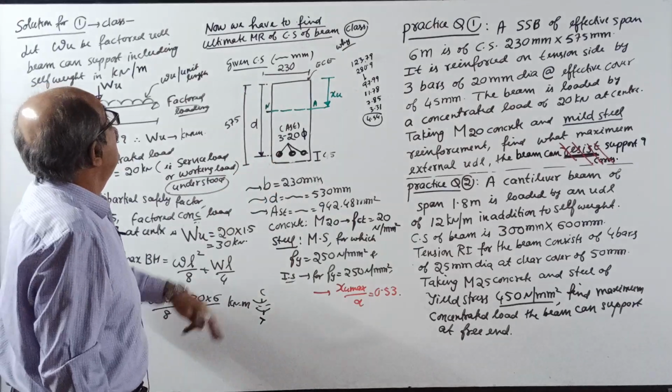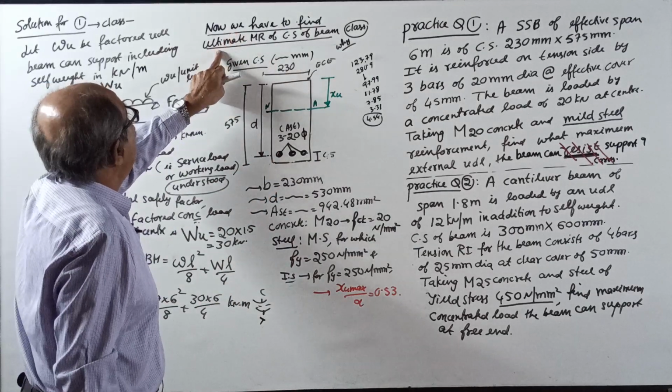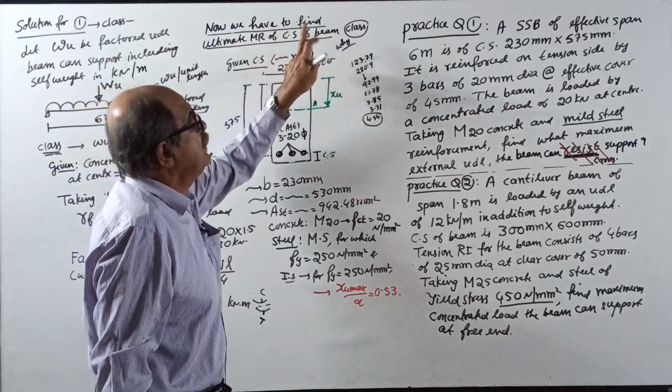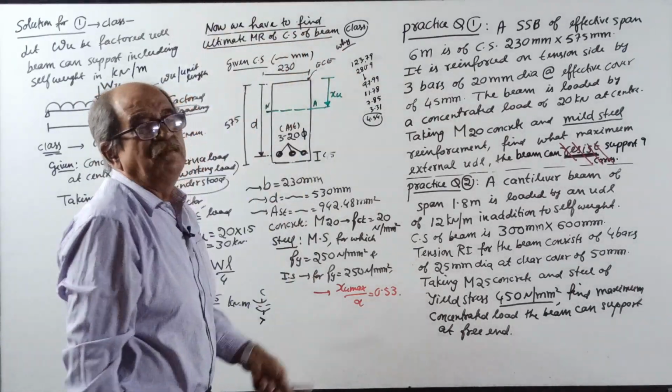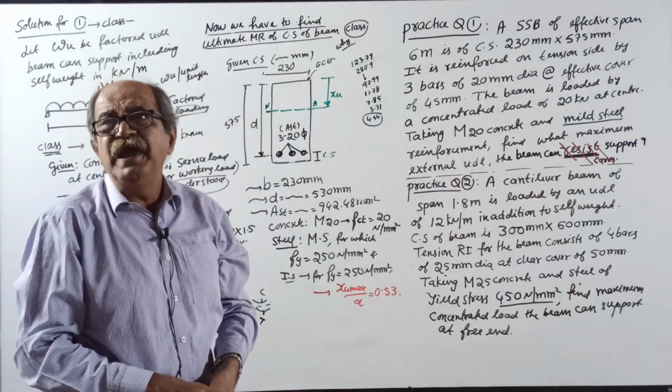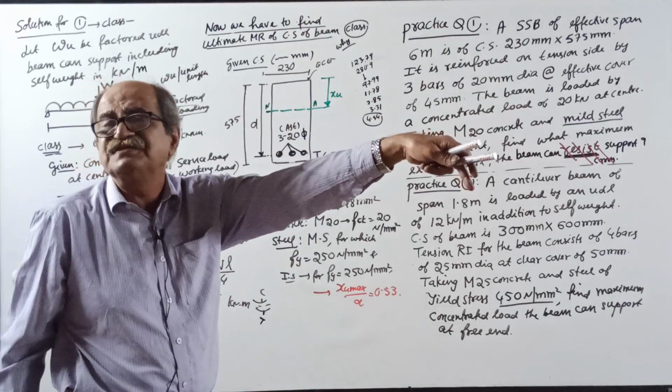Okay, now we have to find ultimate MR of the cross section of the beam. Why? Question will come. Go back to last class.